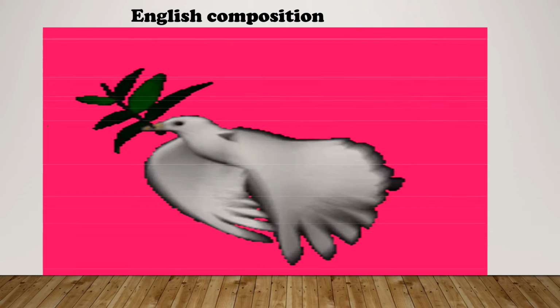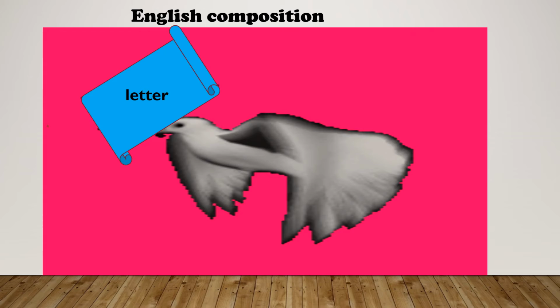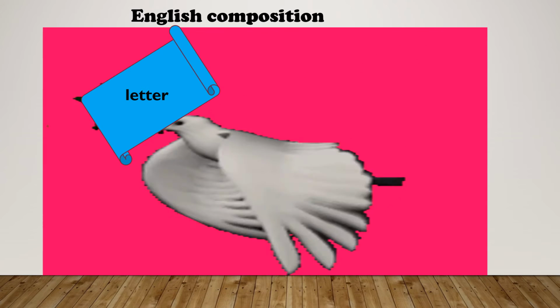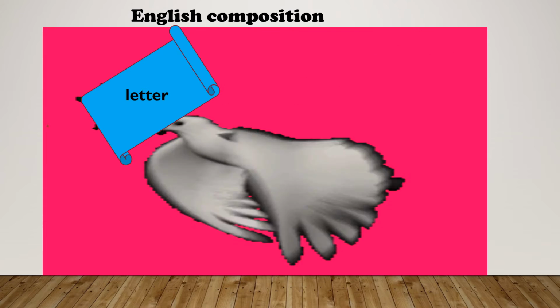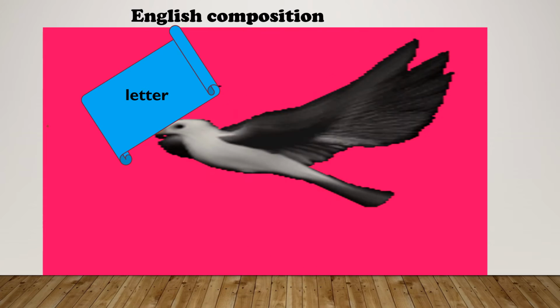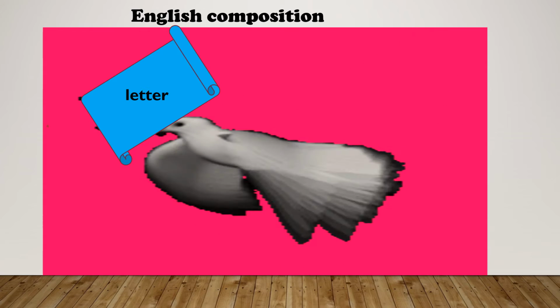Now in the olden days, without computers, how would people communicate? We shall see that today in the topic of letter writing. So that's the English composition, and here you have the old messenger, the dove, carrying the letter from one person to another, communicating the message in the form of a letter.